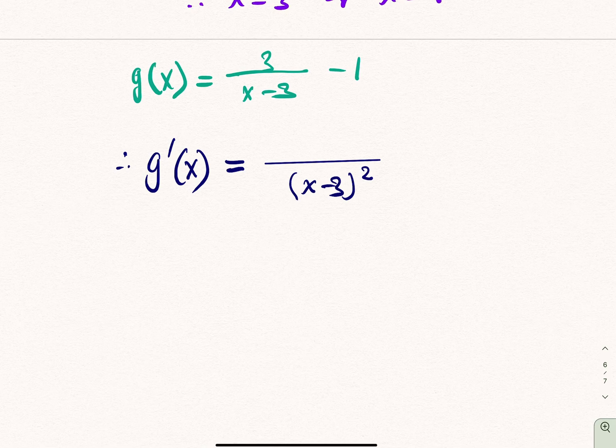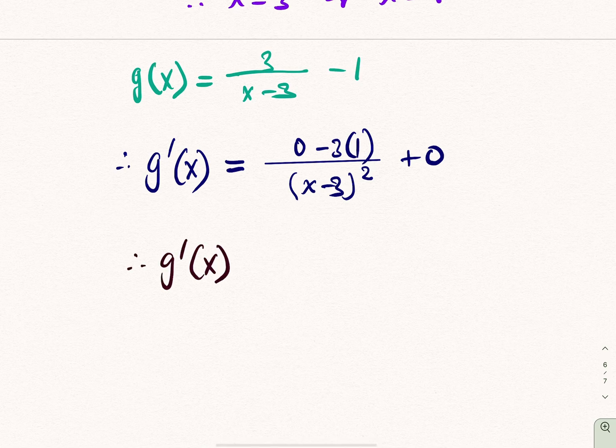So that is going to be 0 minus 3 into 1, and then a plus 0 if I derive negative 1. So my g prime, please use first principle if you are unable to use rules of derivatives, is negative 3 in the numerator over x minus 3 to the power 2.